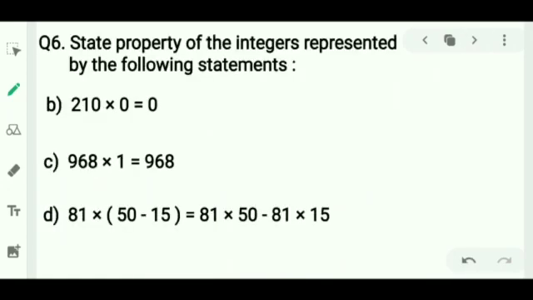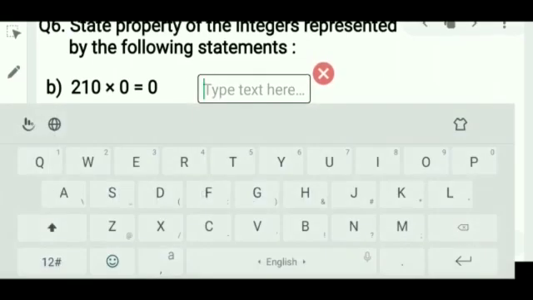Move to the next page. State the property of integers represented by the following statements. Some statements are written. We have to state the property of it. The first one is: an integer is multiplied by 0 and it gives 0.